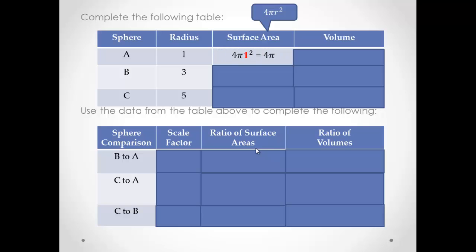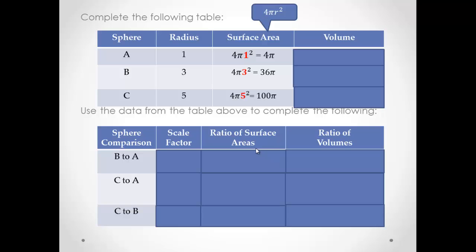If we put in a 1 for the first one, 1 squared is simply 1, so it simplifies to 4 pi. The second one, we have 4 pi and the 3 is squared, which is 9. 9 times 4 is 36, so this simplifies to 36 pi. The last one here, the 5 squared is 25. 25 times 4 is 100, so this simplifies to 100 pi.